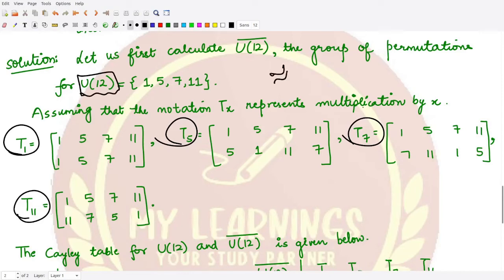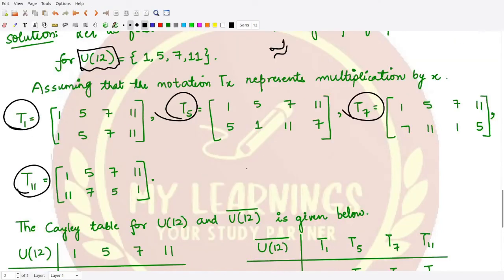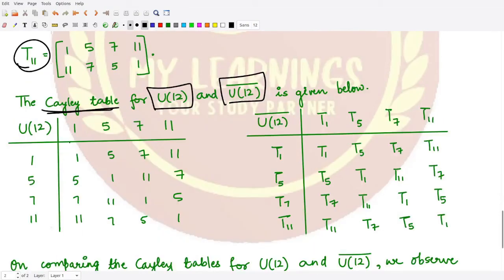Let's see how this works. To see that, we may draw the Cayley table for each of the groups U12 and U12 bar. For U12, first of all, we have the elements 1, 5, 7, and 11. The operation is multiplication modulo 12, right?